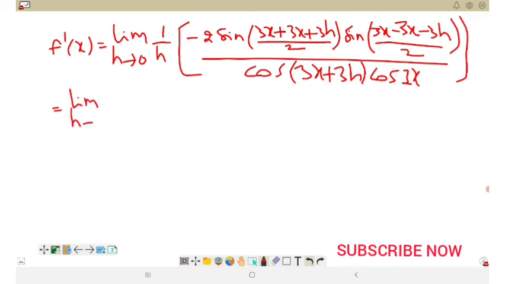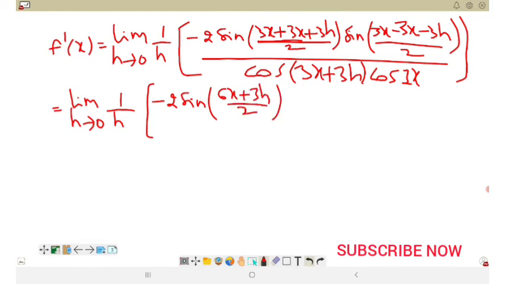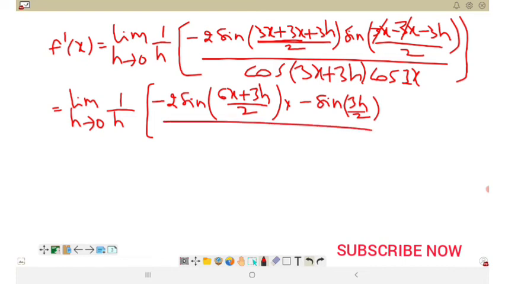Limit h tends to 0, 1 by h into minus 2 sine of (6x plus 3h) by 2, plus 3x minus 3x cancel. Sine of minus 3h by 2 into minus sine of 3h by 2, by cos of 3x plus 3h into cos 3x.